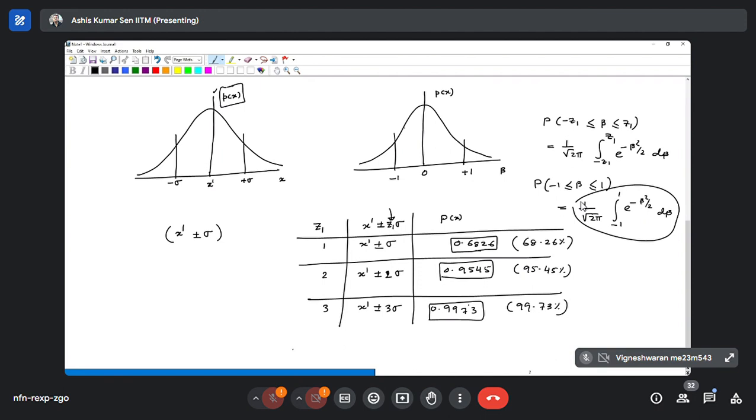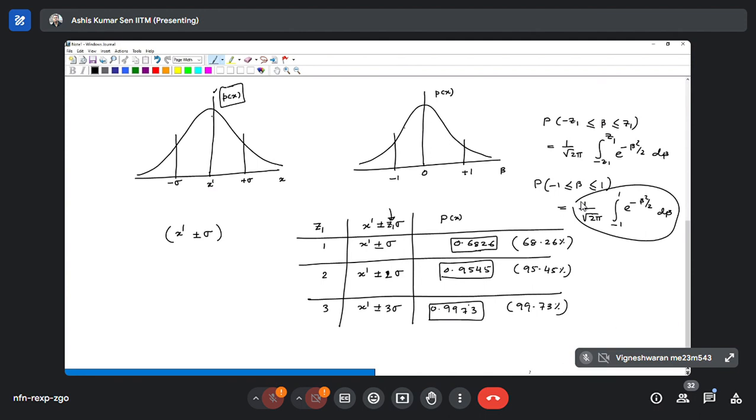So as you can see, as you are increasing the tolerance, that is decided by this z1, you are including more and more data. So ideally, if z1 becomes very high, let's say above 30, then your probability will approach almost 1. That means your entire data set.